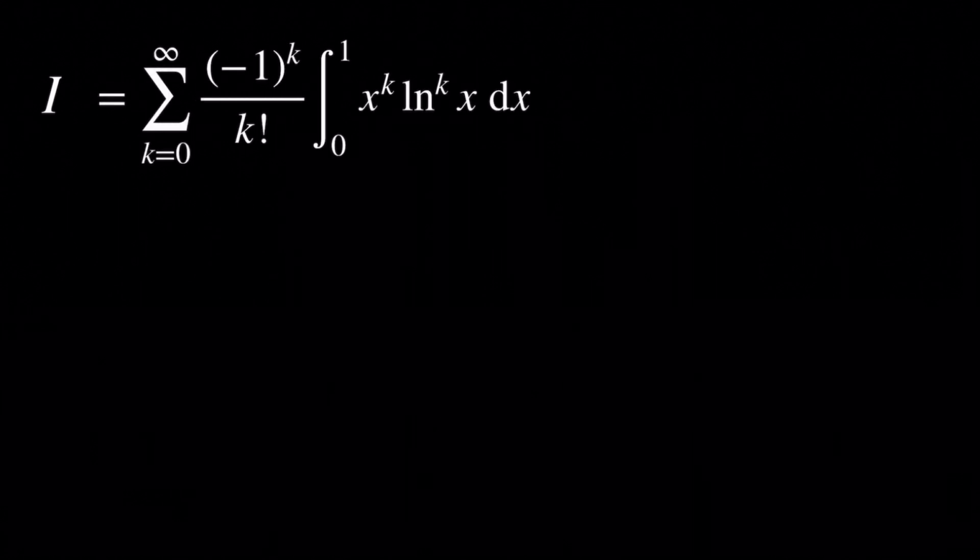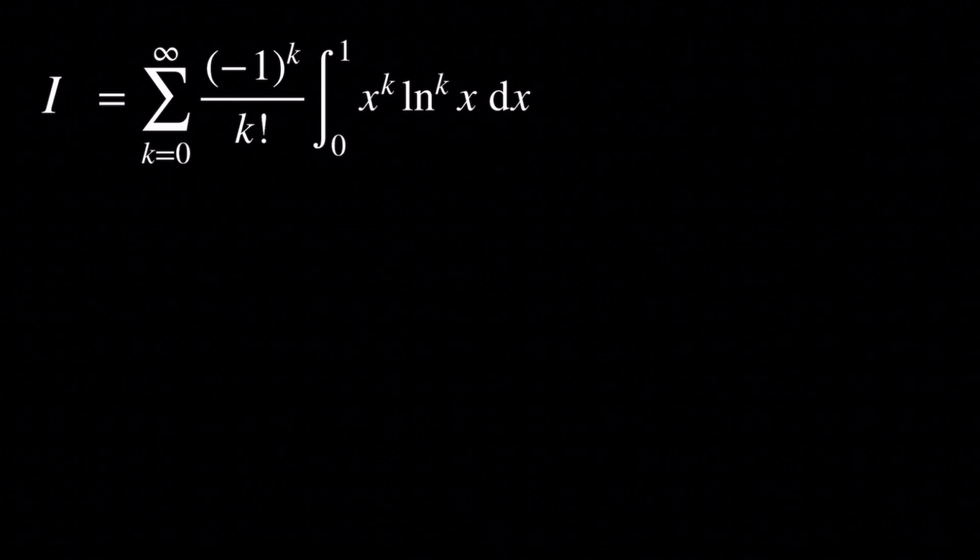So the limit is now equal to the sum as k goes from 0 to infinity of negative 1 to the k divided by factorial k times the integral from 0 to 1 of x to the k times natural log of x to the k dx.